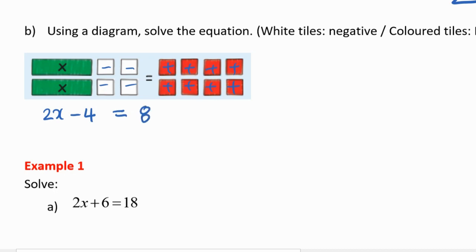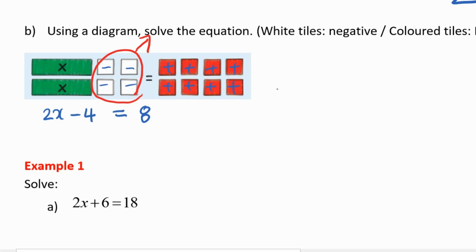Okay, so to solve this, what we're going to do is the same thing on both sides. To do that, we're going to take away 4 negative integer tiles from the left-hand side.